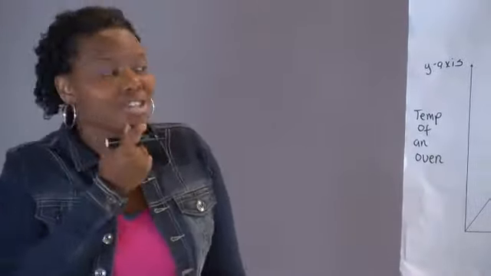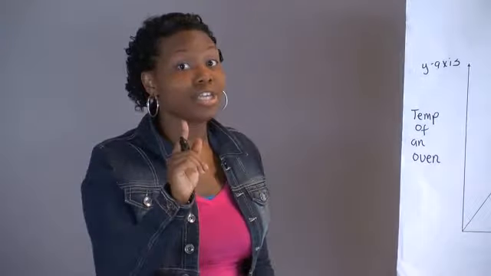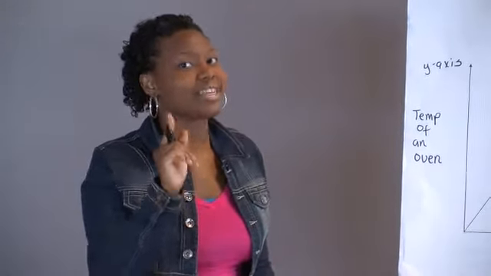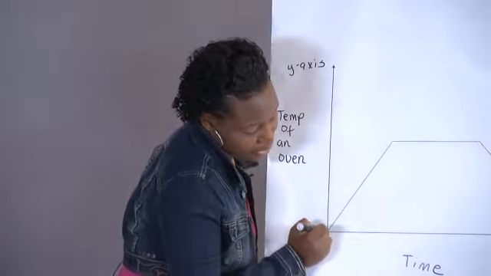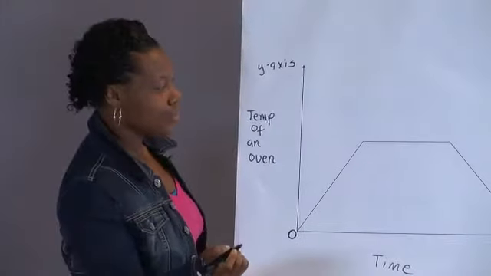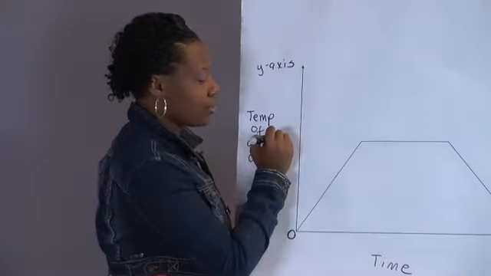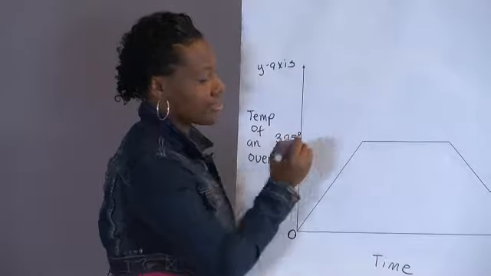So I'm going to turn the oven on. The temperature for mac and cheese has to be 375 degrees, okay? So let's say I'm starting here. This is my initial temperature. I need to get to 375 degrees.